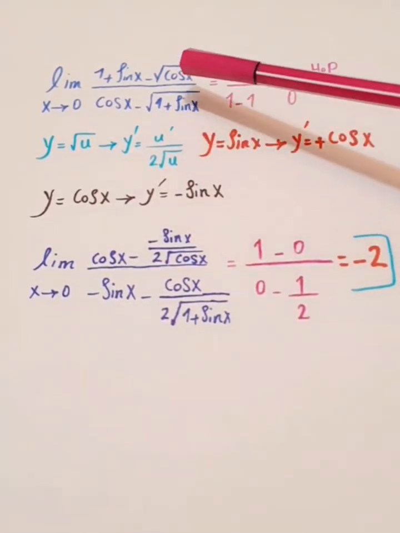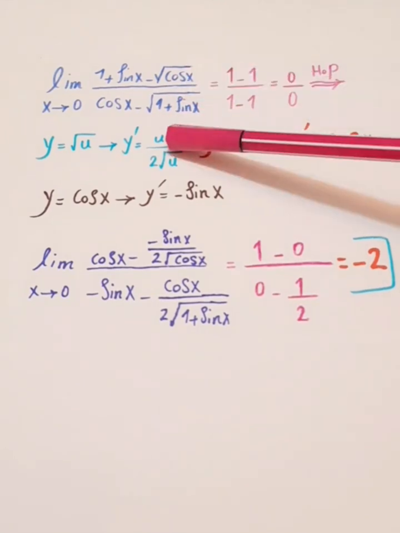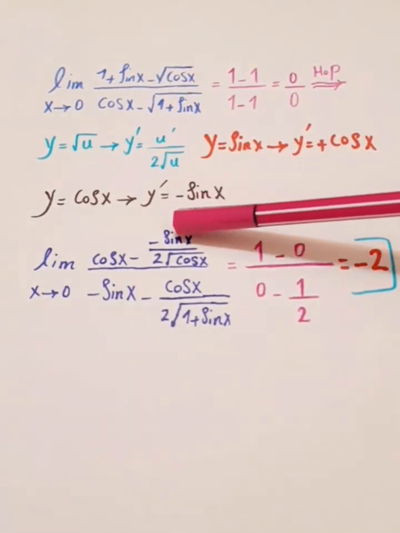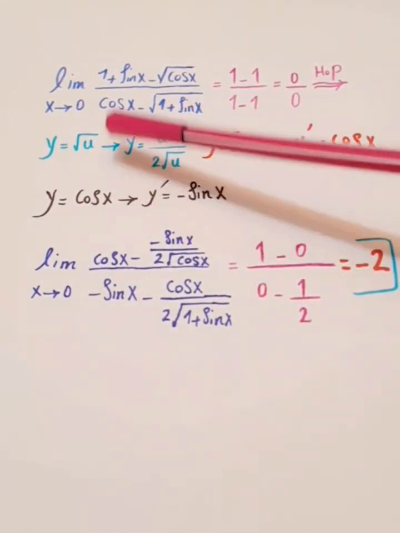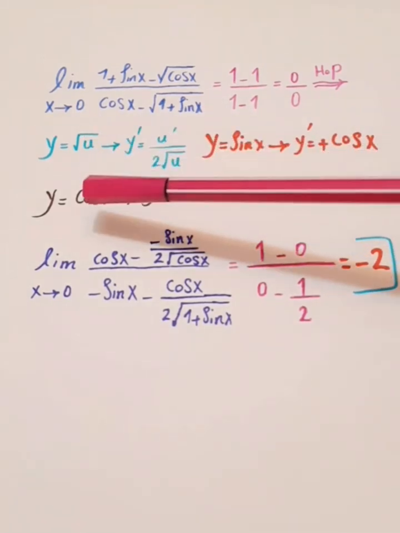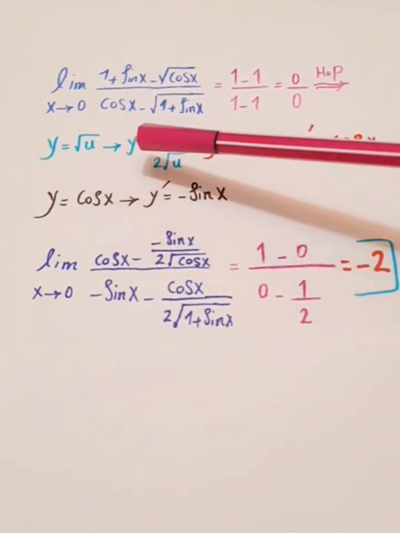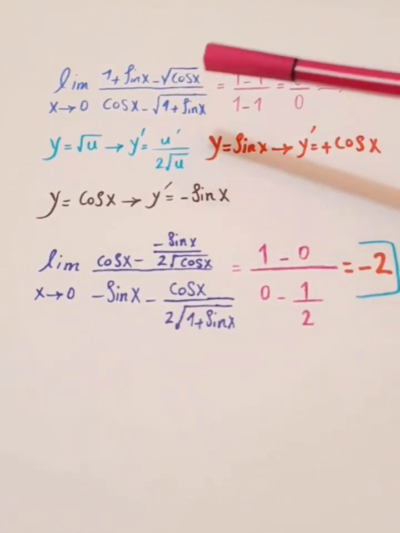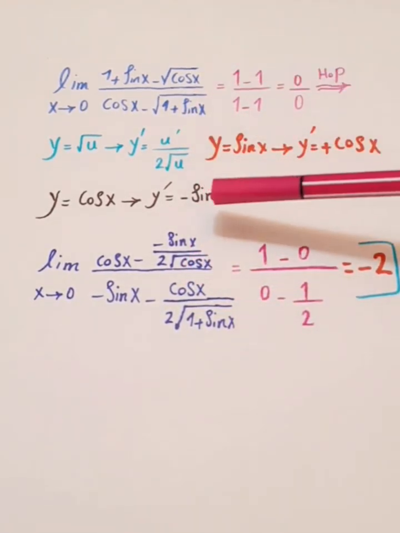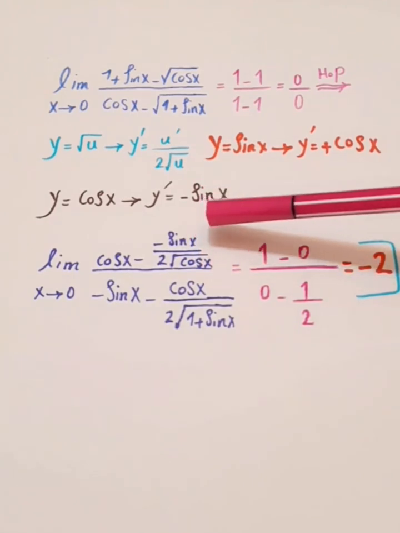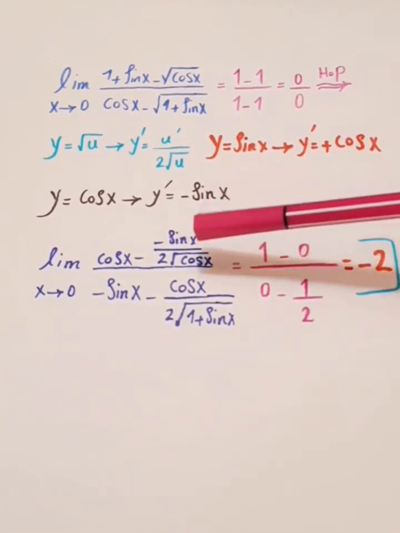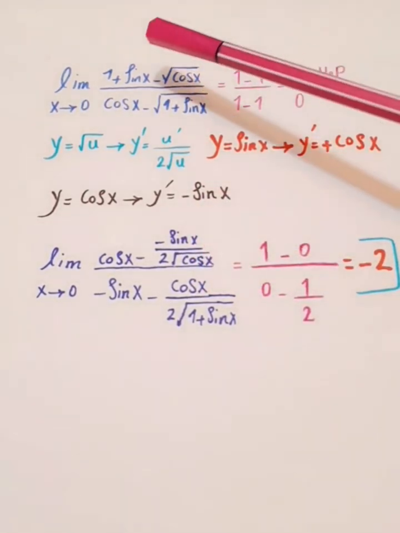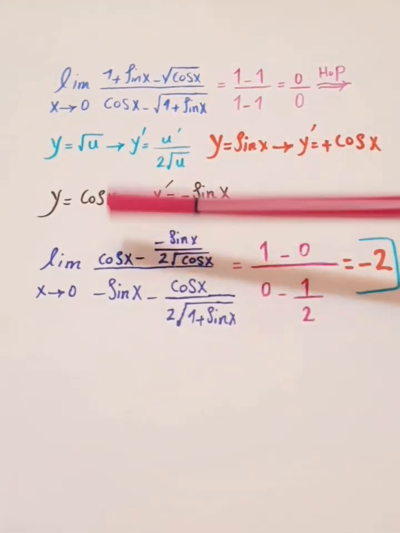If you take the derivative of the square root of cosine x, that's equal to minus sine of x. Why? Because I told you y prime will be equal to u prime over 2 times the square root of u. So you can write minus sine of x over 2 times the square root of cosine x. We have a negative here, we put it here.